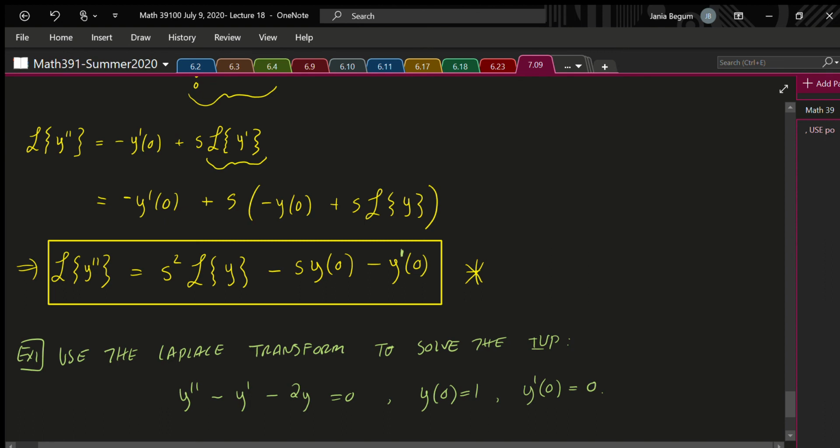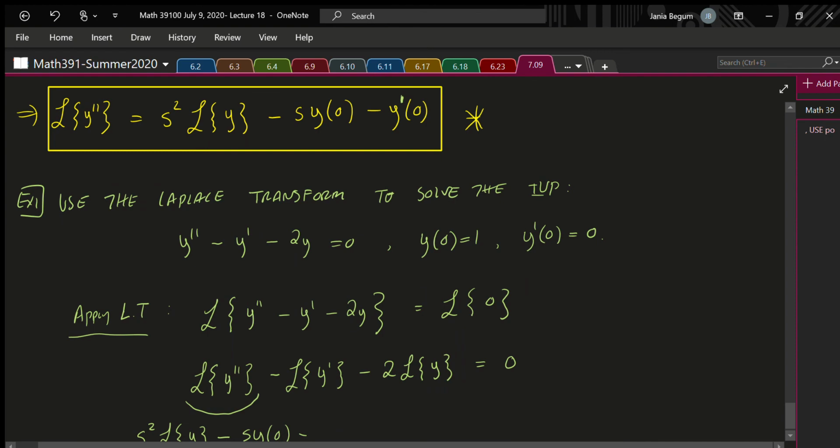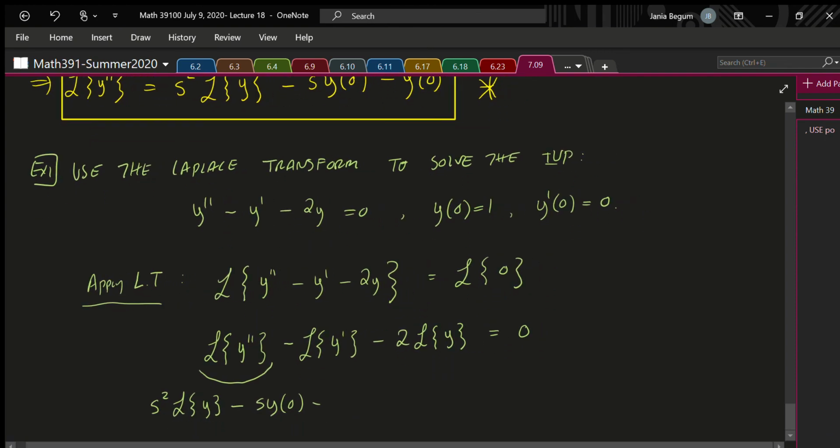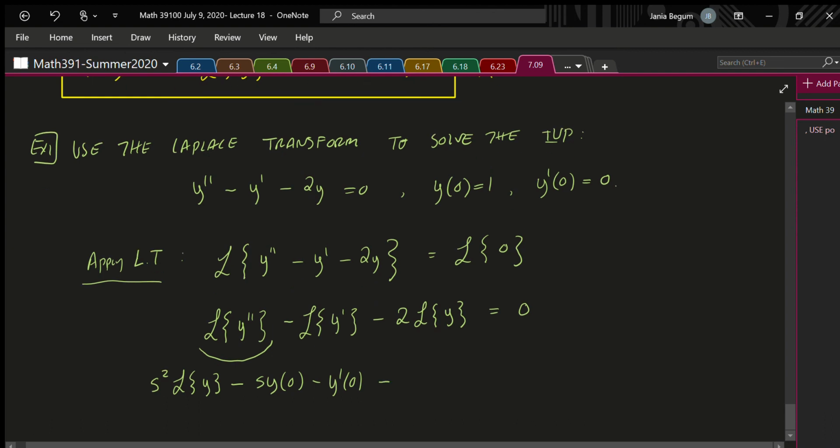Do you guys see that? Do we agree? Yeah, right. I missed the prime notation. So plugging that in, sorry for the typo, we have s times y of 0 and then y prime of 0. So that's replacing Laplace transform of y double prime. And then minus Laplace transform of y prime.